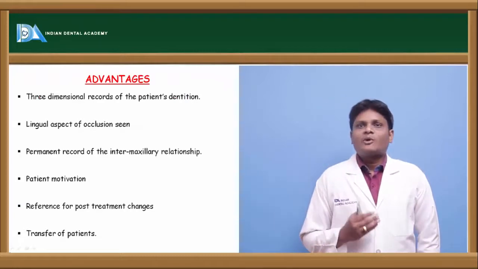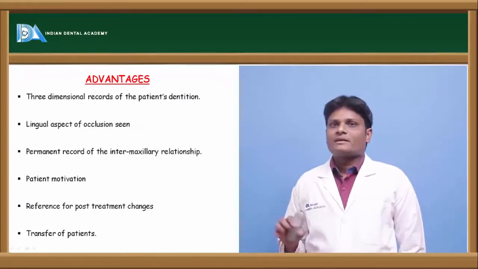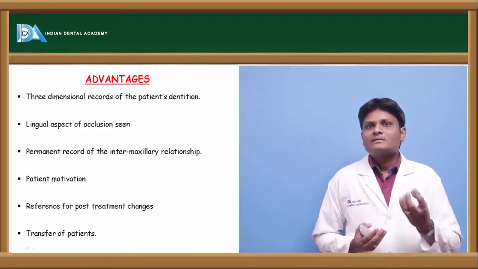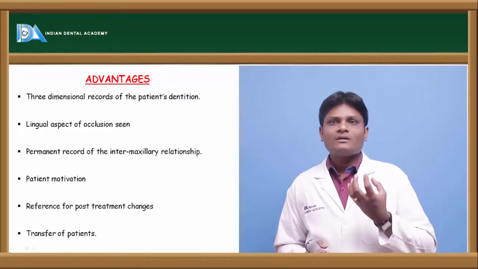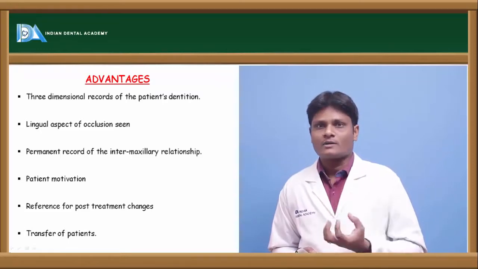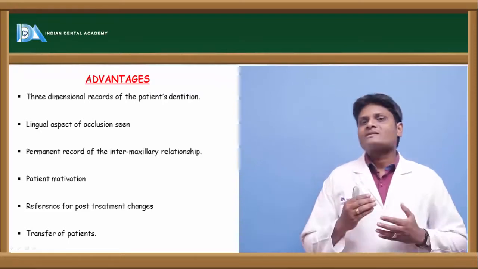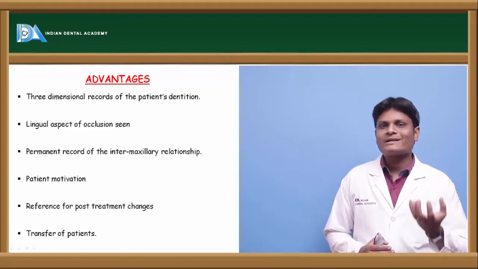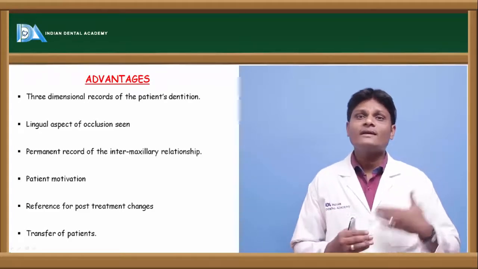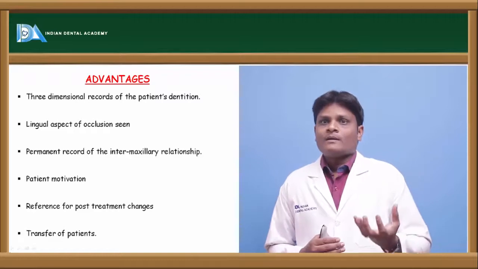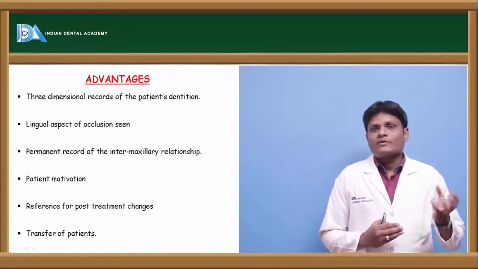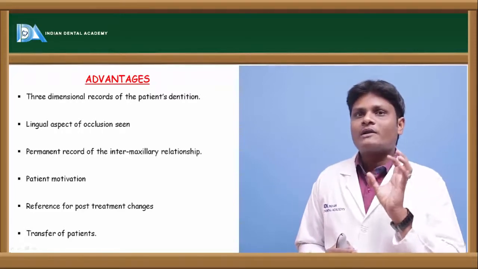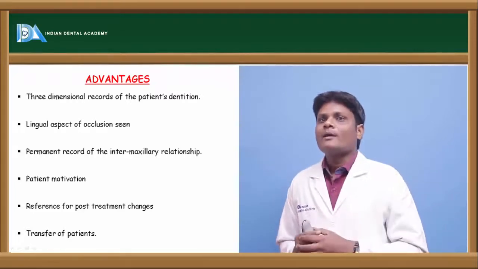When we take the study models, they have some advantages. Let us look into what the advantages of study models are. They are the three-dimensional representation of the patient's dentition and occlusion. Even in the absence of the patient, we can have them in hand. That means the patient's occlusion and dentition can be studied even in their absence. And one more thing is, we can also look into the lingual relationship of the maxillary and mandibular teeth.